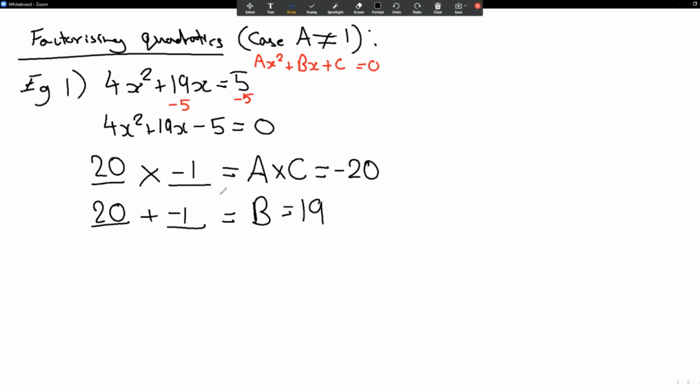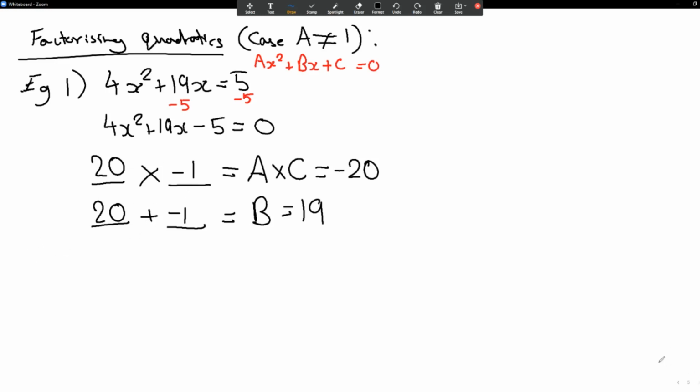We can see this because we've got a minus, so we know that we have to multiply a positive and a negative number together to get a negative number. That's a good indication of what you need to do when you've got a negative number. But yeah, 20 times minus 1 is minus 20, and 20 plus minus 1, or just 20 minus 1, is 19.